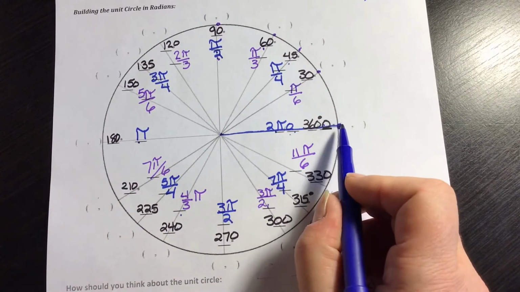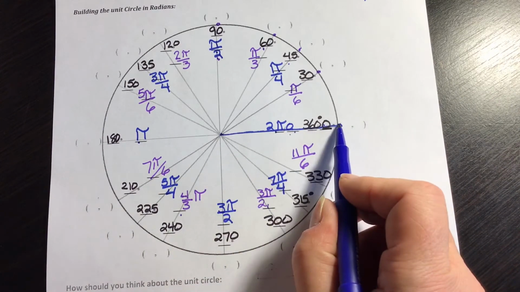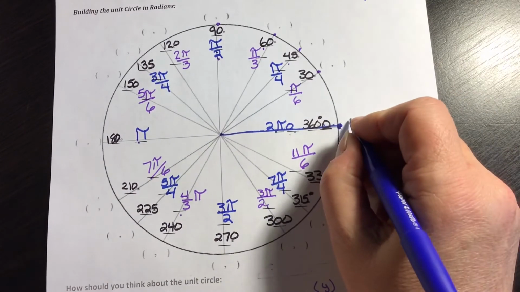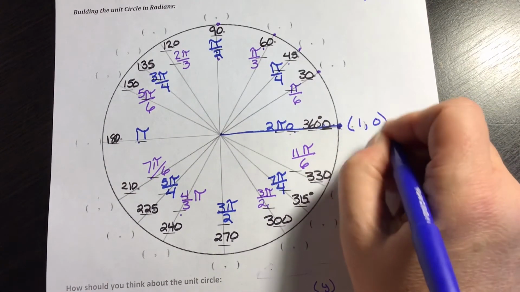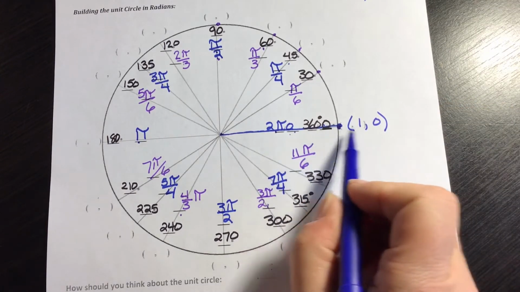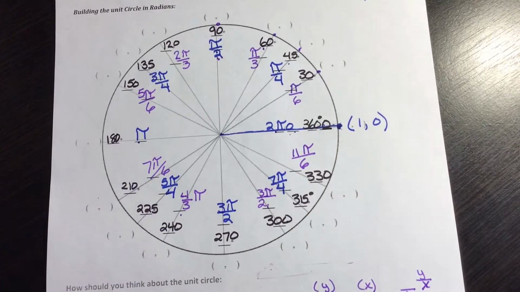This is our radius, and our radius is 1. So this is over 1 unit, up 0. So on our graph, it's over 1, up 0. So a 0-degree angle on a unit circle has the coordinates 1, 0.